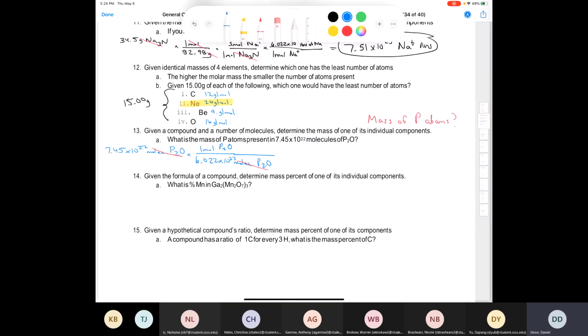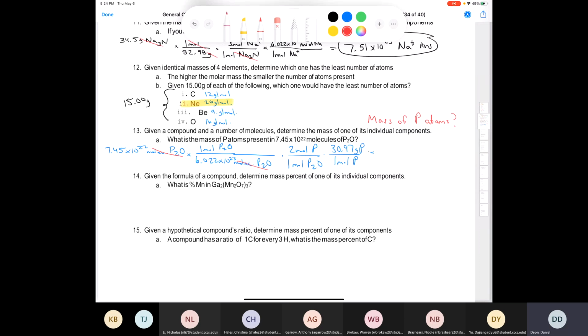So now that we have the number of moles of P2O, we can say, well, in 1 mole of P2O, we have 2 moles of phosphorus, right? We know that in 1 mole of phosphorus, going over to my periodic table, looking at element number 15, we have 30.97 grams of phosphorus. Look at this.